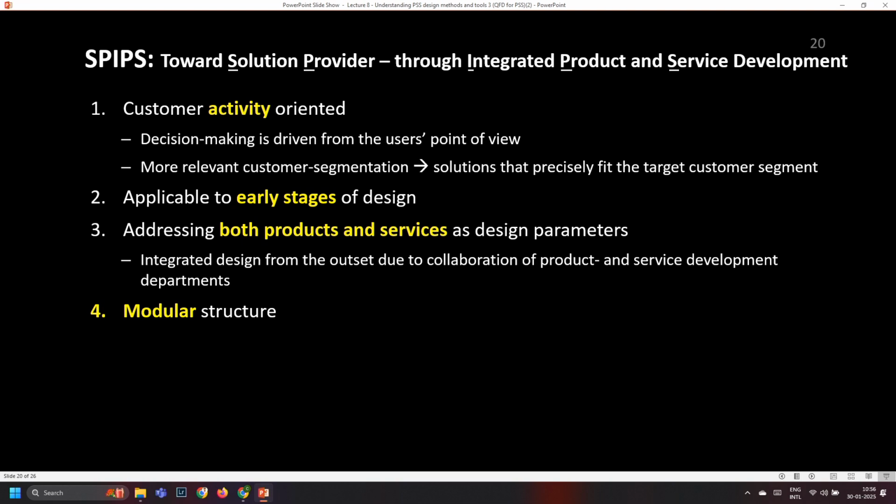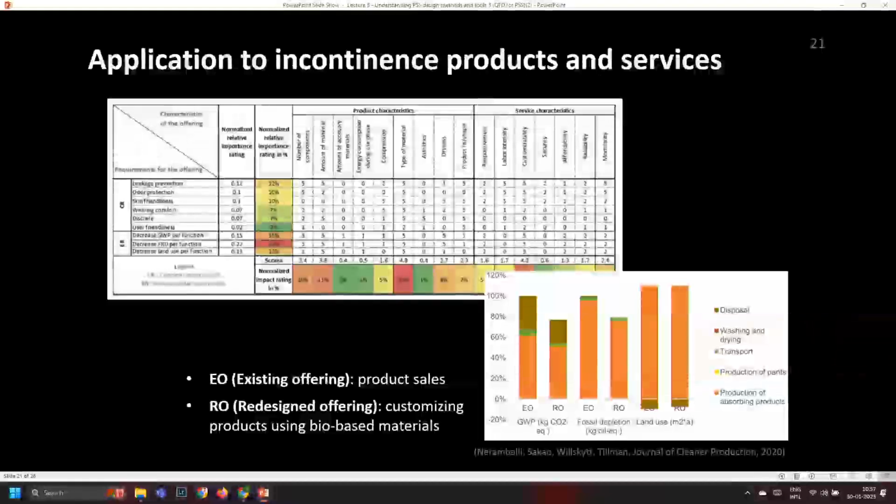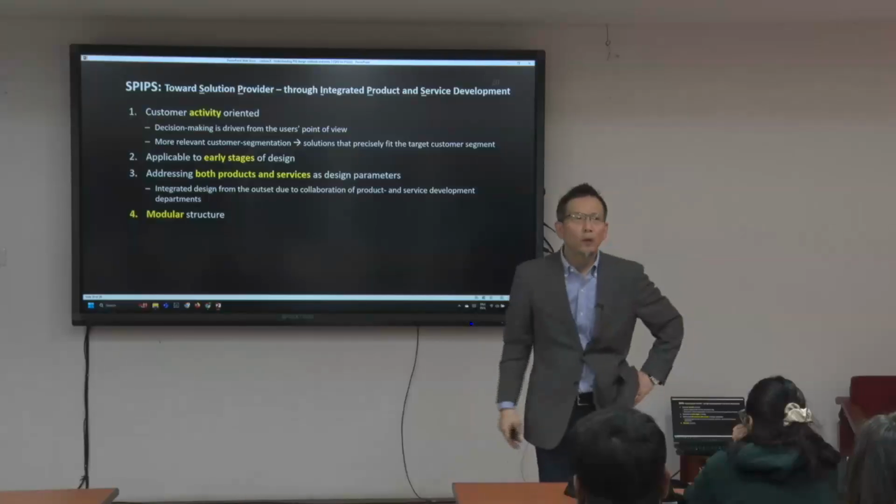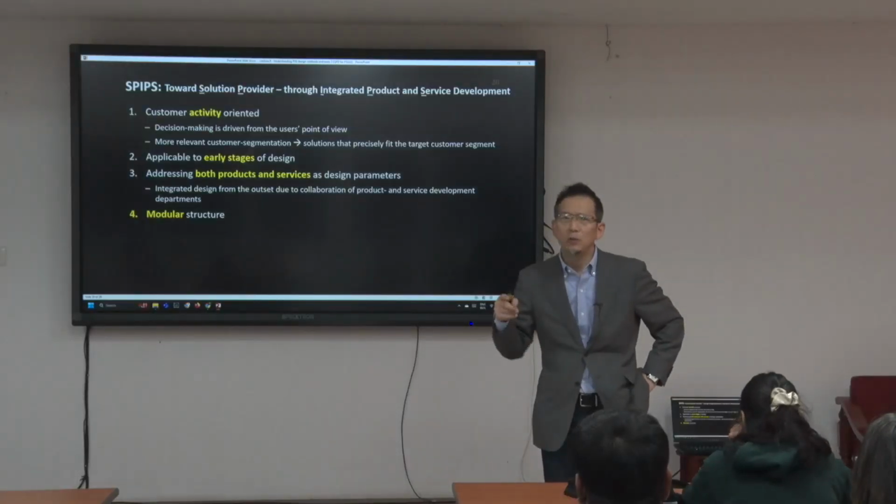For example, the performance importance matrix could be omitted. So in that way, you can choose which steps you will conduct depending on the resource that is available. Okay. Any question regarding the workflow SPIPS that includes QFD?